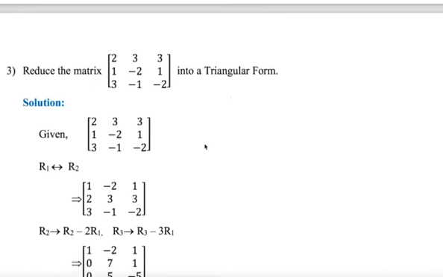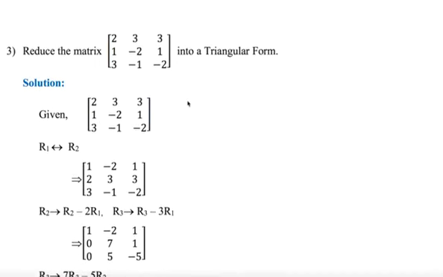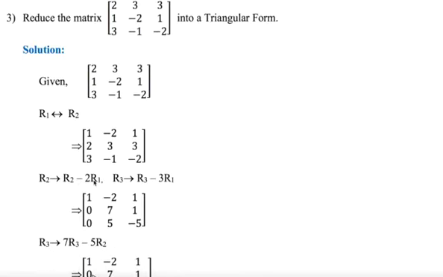Reduce the matrix into triangular form. Again you perform interchanging. Why do you need to interchange R1 and R2? It may not be required, but let's say they interchanged rows R1 and R2. That is fair enough. R2 is R2 minus 2R1 to make this element 0. R3 is R3 minus 3R1 to make this element 0.